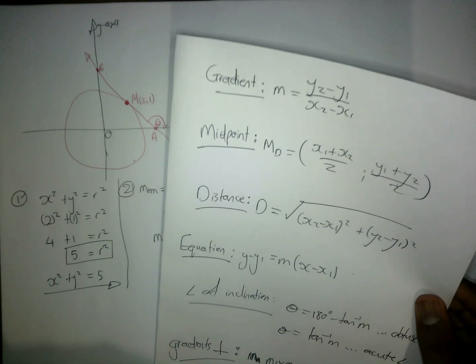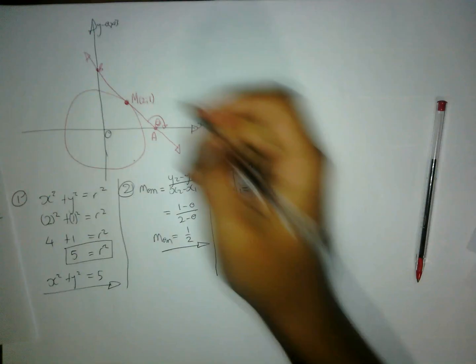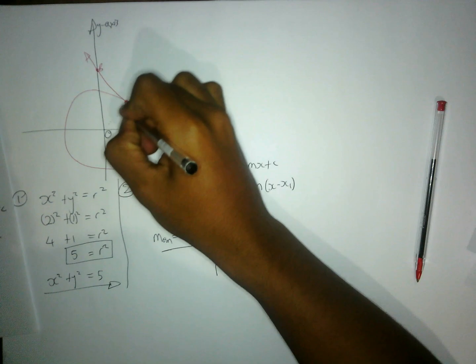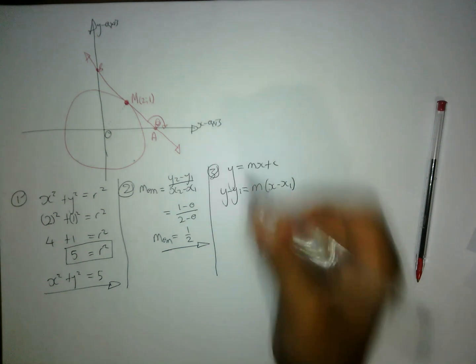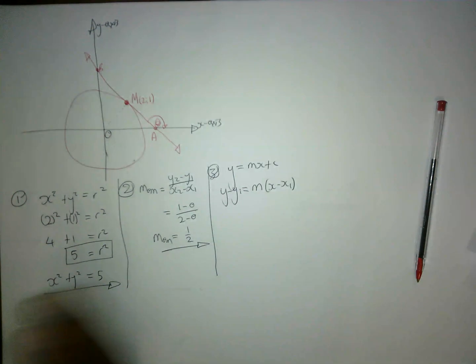We have the gradient of this one over here. They are saying that OM and AB are perpendicular to each other.